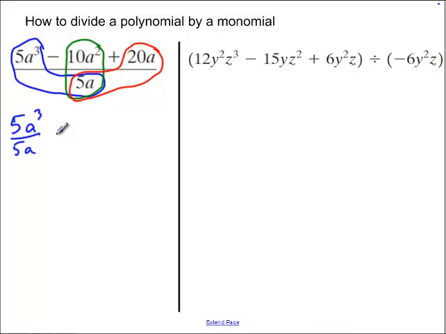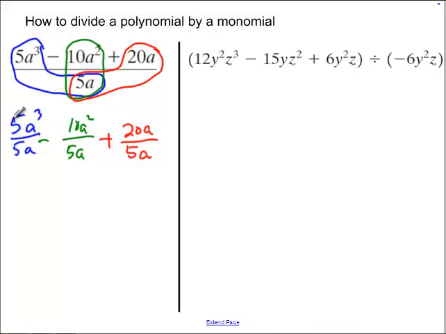Let's put this in green here. There's green minus 10a squared over 5a. And then we put the sign plus 20a over 5a. And now we've separated. There's our separation. And now we've got to conquer. By conquering, I mean just simplifying each of the blue and the green and the red.